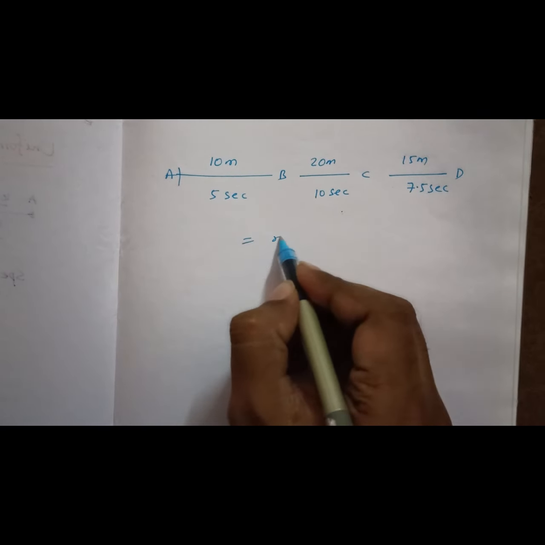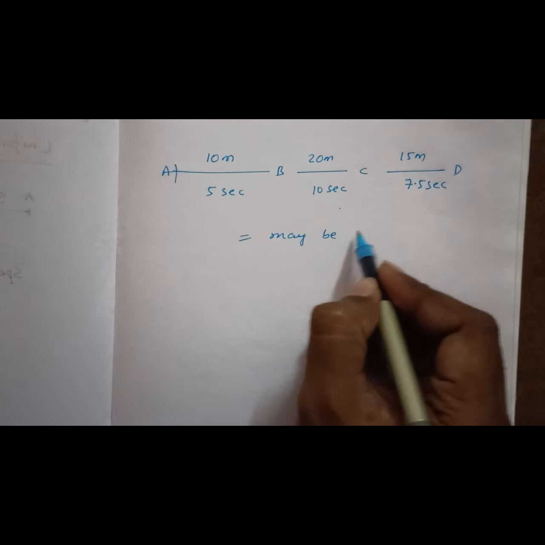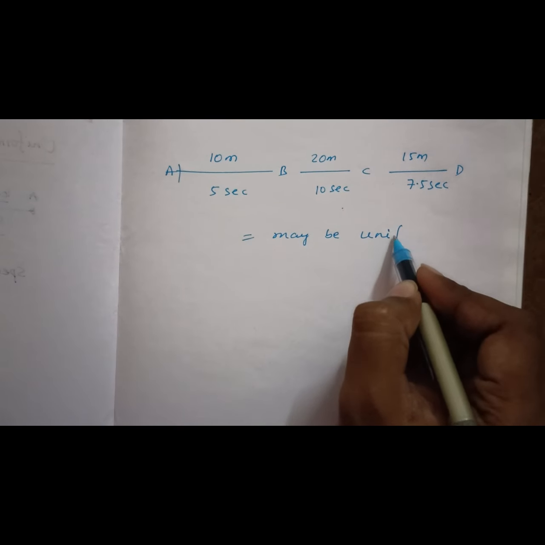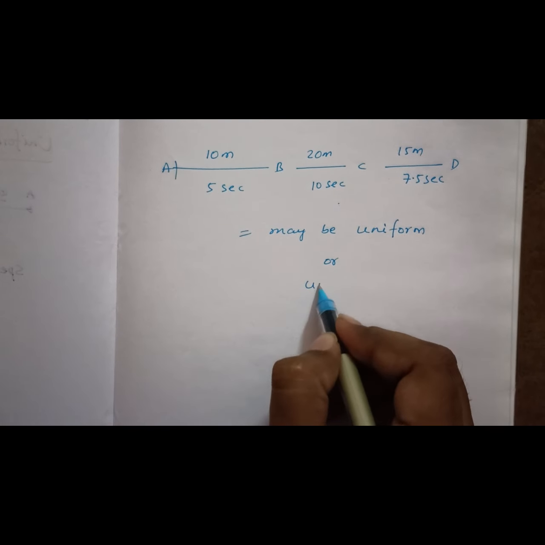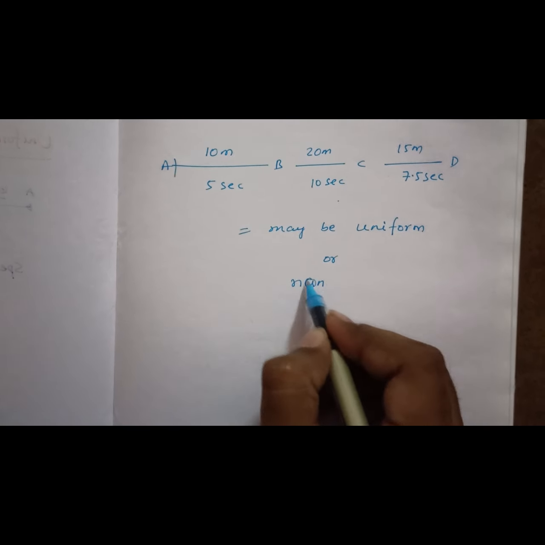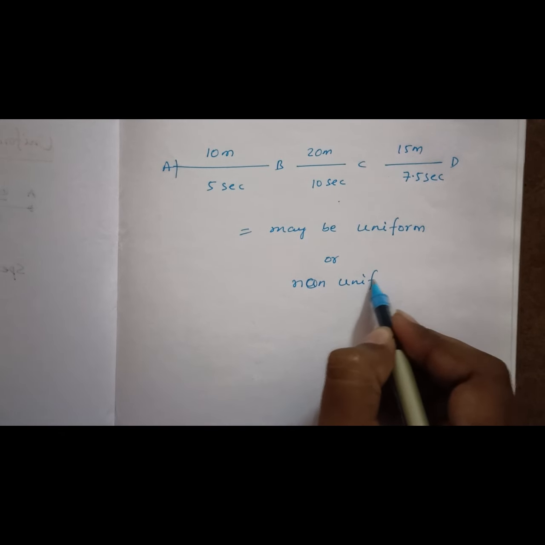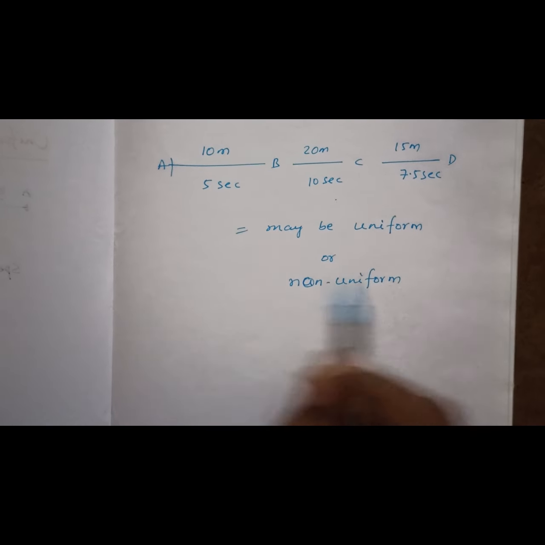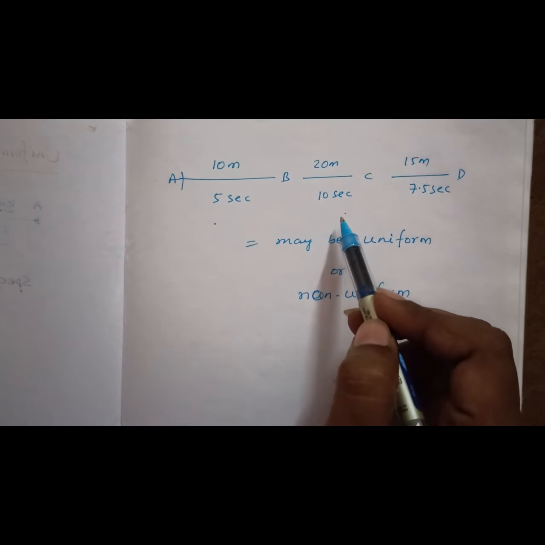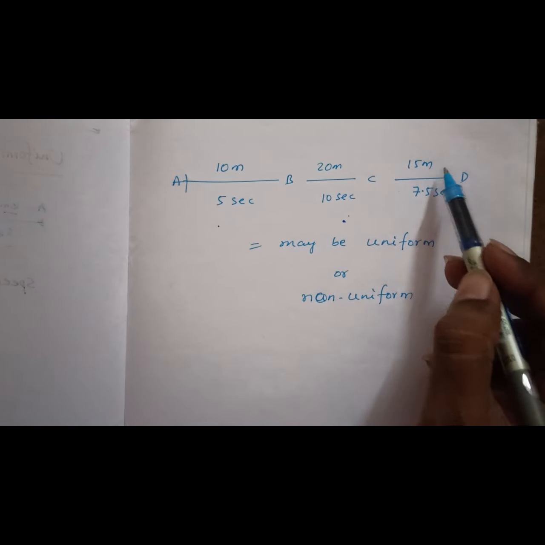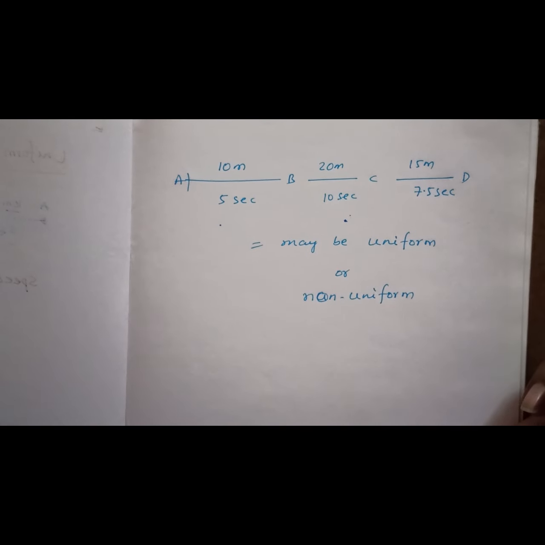It may be uniform or non-uniform. Now 10 meters in 5 seconds is 2 meters per second, 20 meters in 10 seconds is 2 meters per second, 15 meters in 7.5 seconds is 2 meters per second.